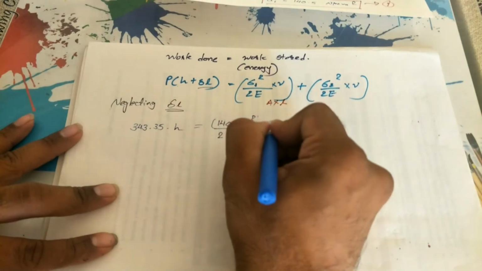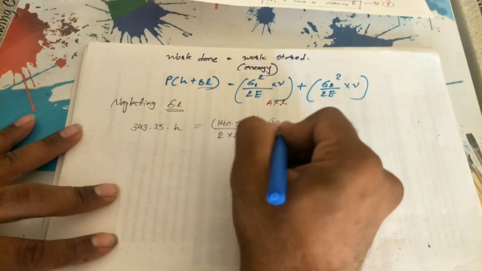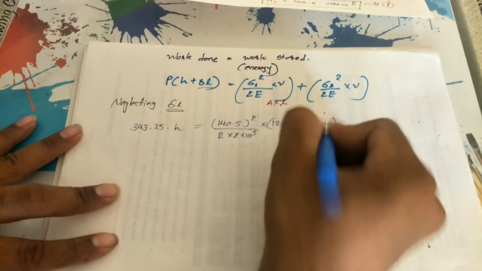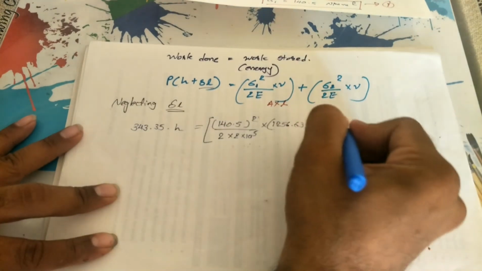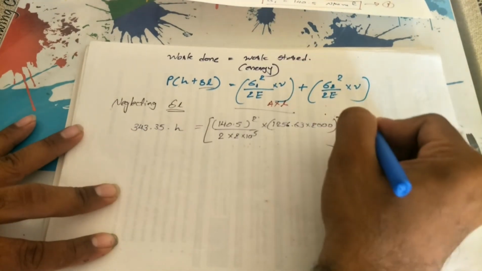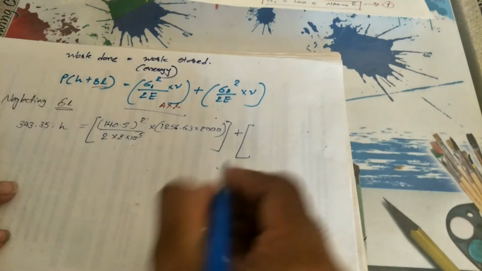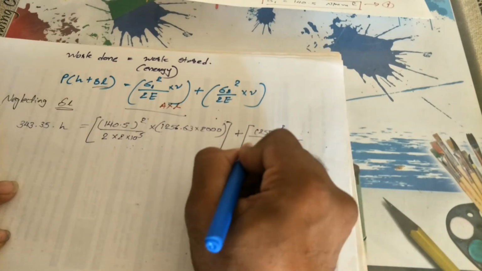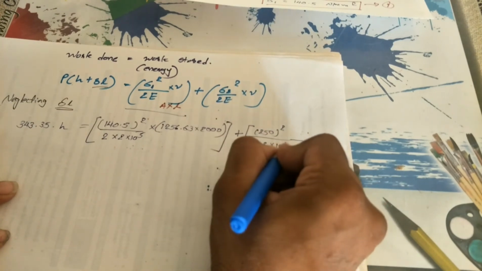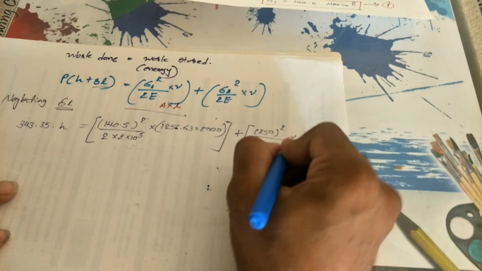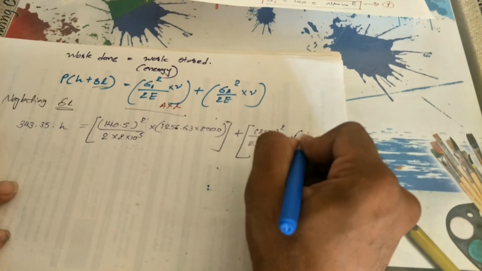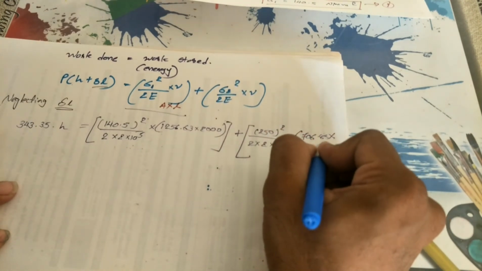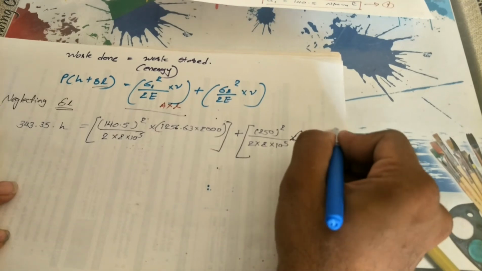So the area of the first portion is 1256.63 into 2000. Okay, this is for your first portion. Now plus, this is a very easy thing, sigma 2 is 250, given, 2 into 10 raised to 5 into V, again area into length, so A2 is 706.85 into 1.5 meter long, so 1500.